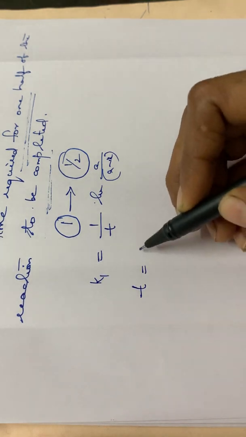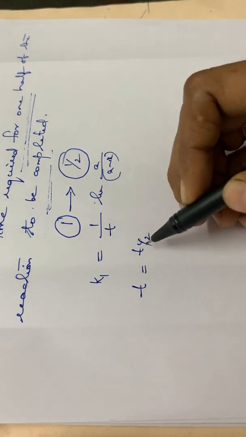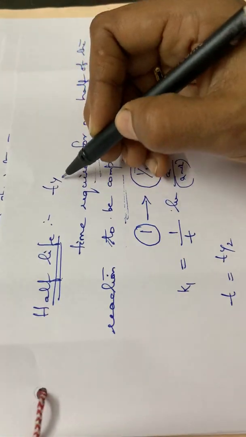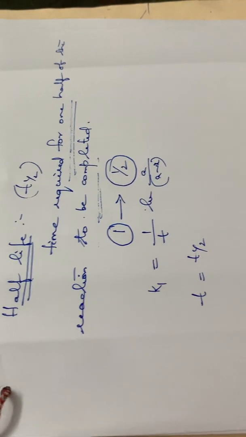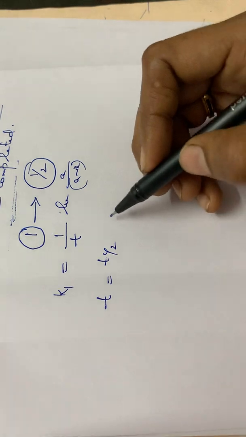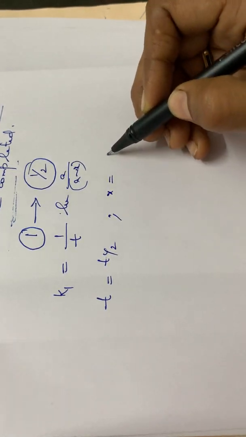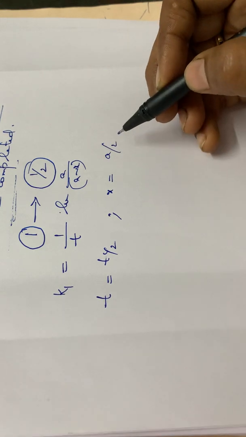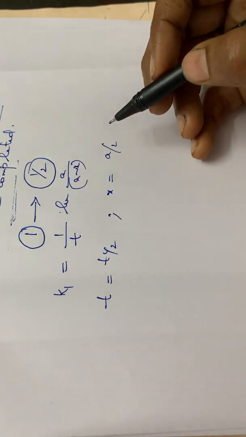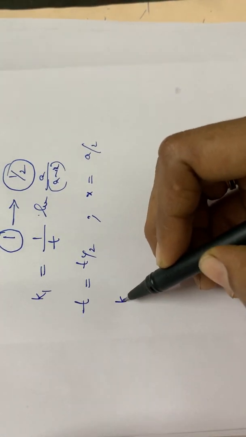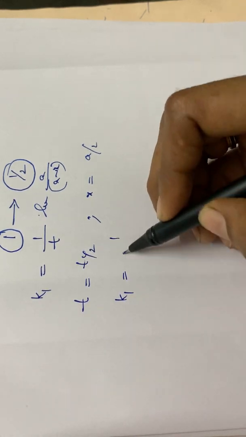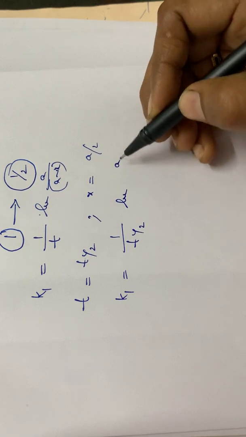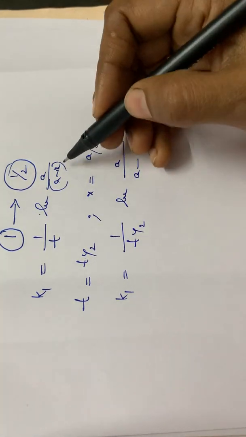That is, when T is equal to T half. Here we are representing the half-life period, which is usually denoted by T half. When T is equal to T half, X is equal to A by 2, so the initial concentration is reduced to half of its original value. So K1 is equal to 1 by T half into ln A divided by A minus A by 2.